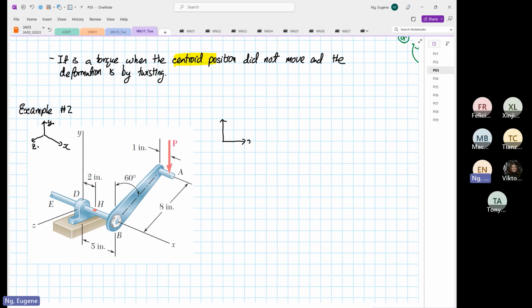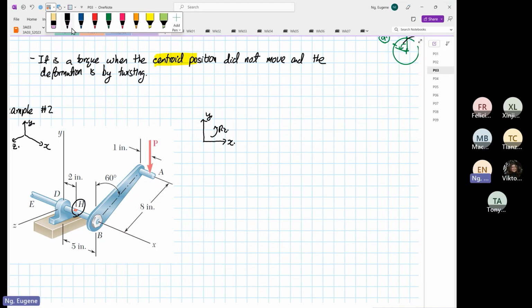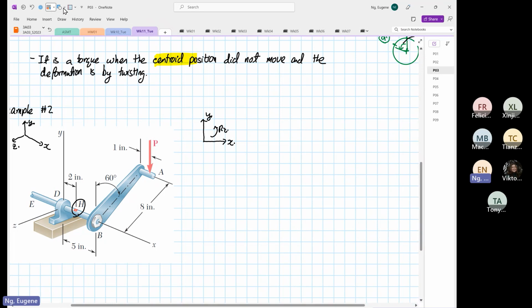So this is your x, and this is your y, and this is our rotation about z. The point of interest is element H. I'm going to sketch where element H is. Before we go on, we are going to sketch our centroid relative to the element. So the centroid relative to the element is here.